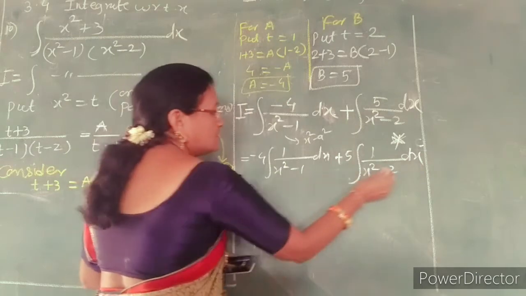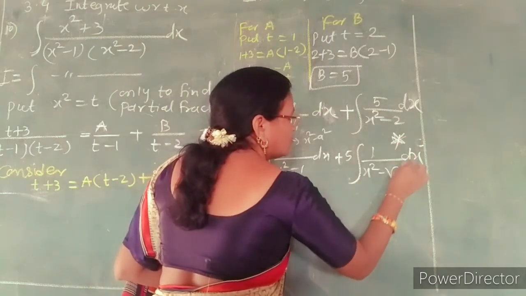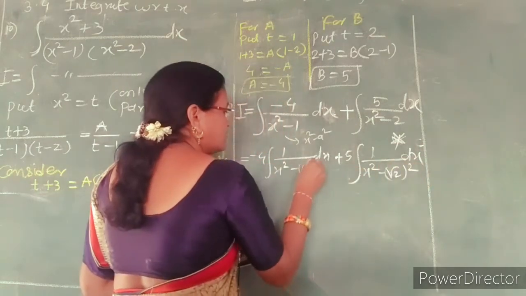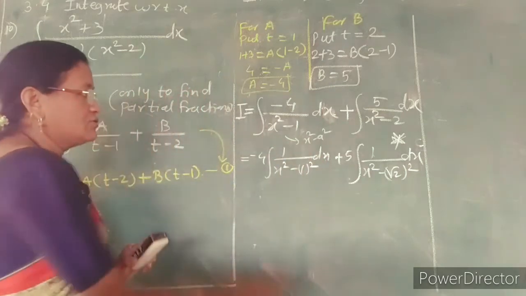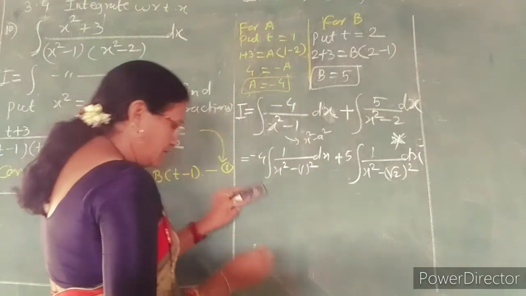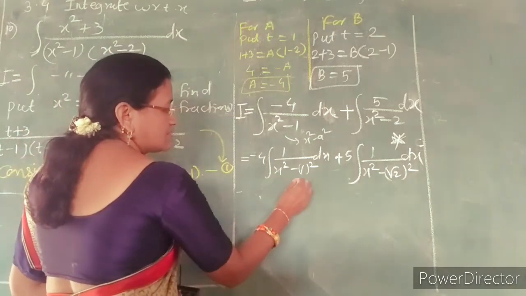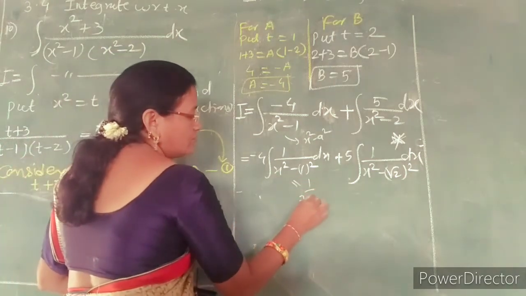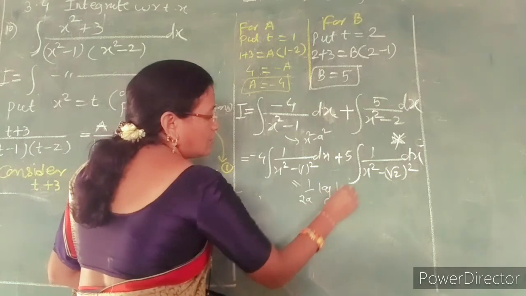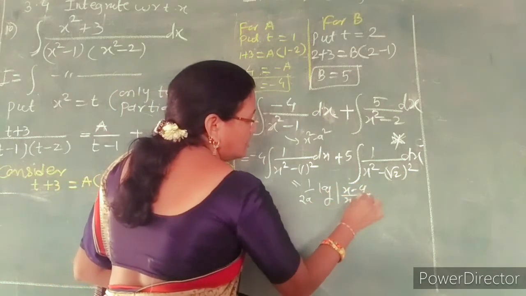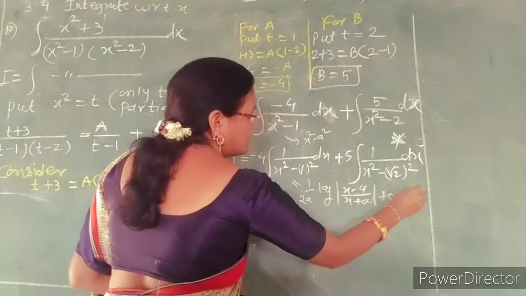So we evaluate, these can be written as under root 2 bracket square and this one can be written as 1 square. So using our result, the integral of 1 upon x square minus a square is equal to 1 upon 2a log of mod of (x minus a) upon (x plus a) plus c.